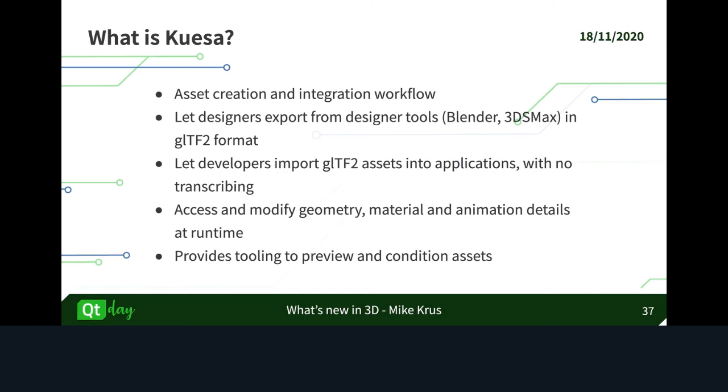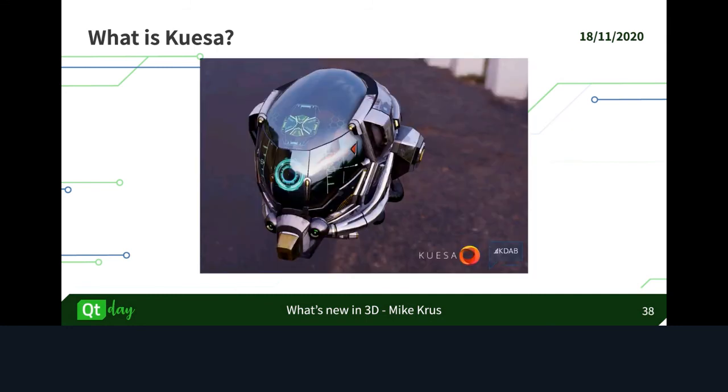You have direct access to the GLTF, which means the integration is completely lossless. And in particular, if the designer changes the model, the update is very easy. And from within your application, you can access and modify the geometry, the materials, the animations, and so on.